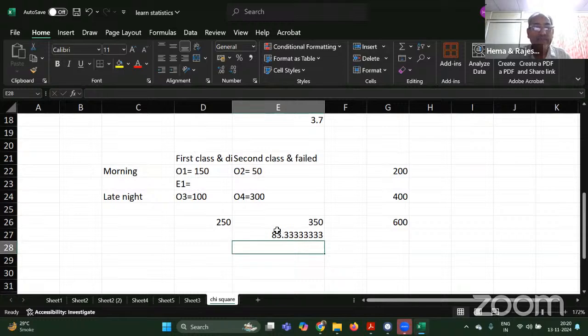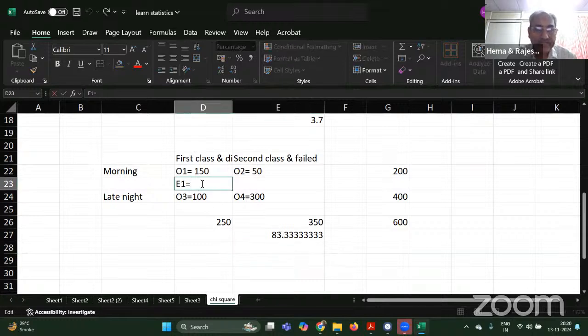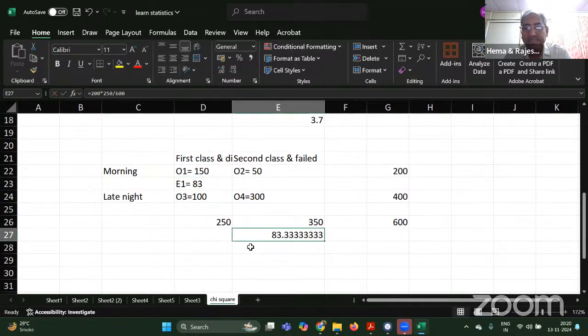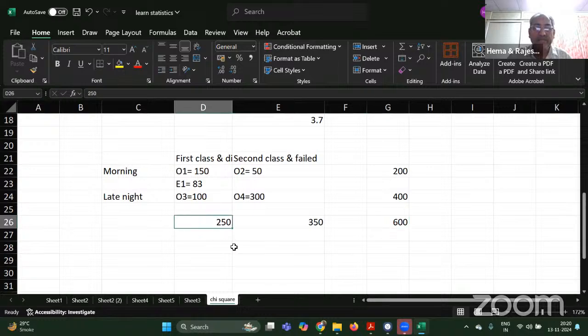Something like 84, 83. Let's give 83. 83 is the expected value. Suppose if data is homogeneous, out of 600, 250 people are getting first class, then out of 200, how many? It should be this much.